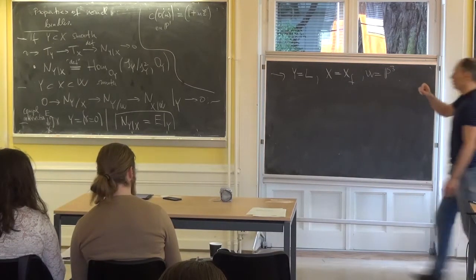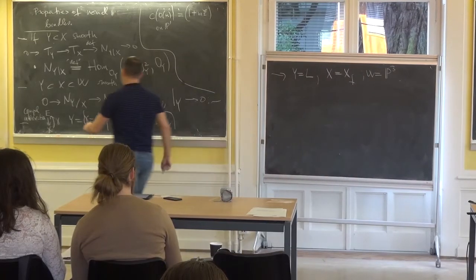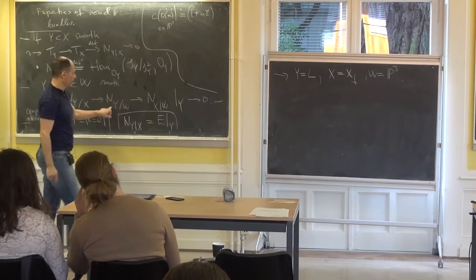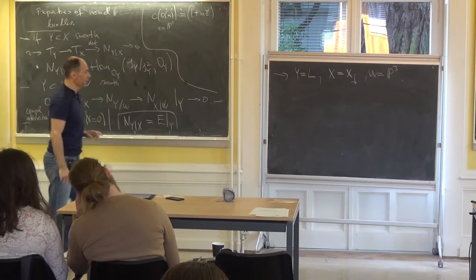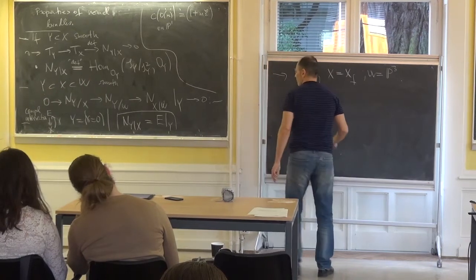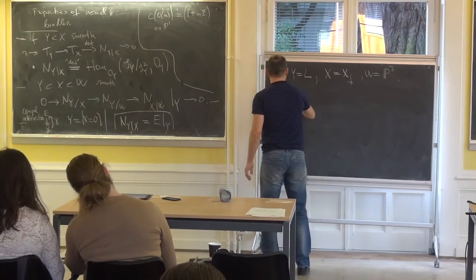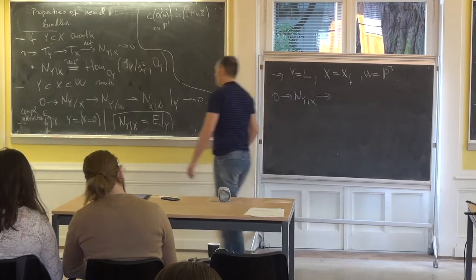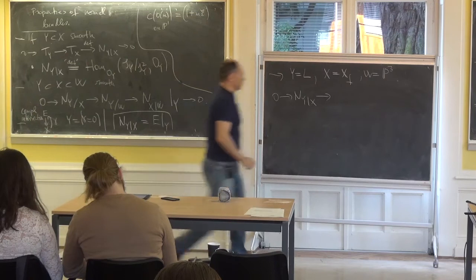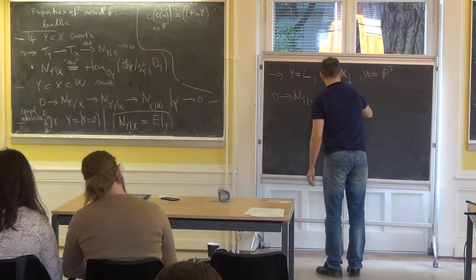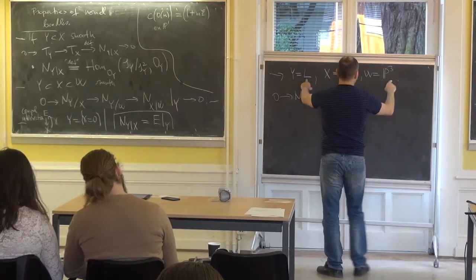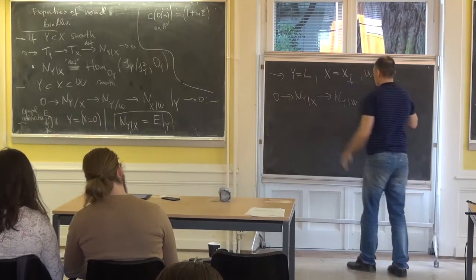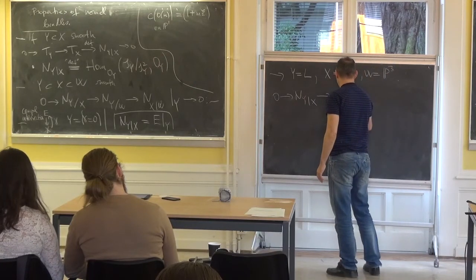So this is our setup. And let's now use this thing. We are trying to calculate N Y X actually, right? That's Y is L. So if we understand these two, then we are doing very well. And so we have 0, N Y X, and here we put N Y W. But N Y W is really a very simple thing in this case because it's simply the normal bundle of a line in P3. So this is just the normal bundle of P1 in P3.